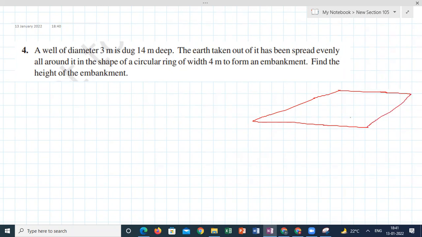If I'm digging a well, it will be like this. So these are the dimensions of the well: 3 meter in diameter and a depth of 14 meter.